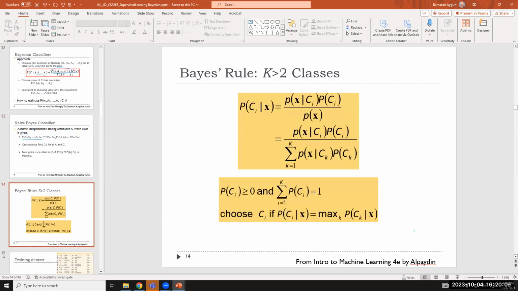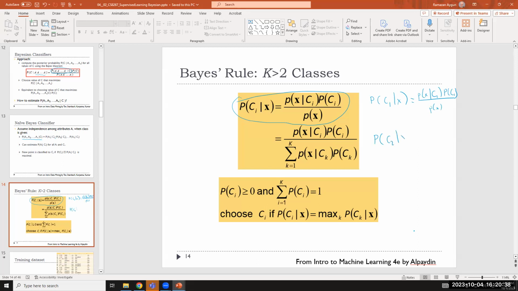So this is the general formula. If you have two classes, you are going to write it this way. I'm going to simplify to two classes. You want to know the probability for class 1: the probability of X given C1, times the probability of C1, divided by the probability of X. I'm assuming there are two classes.